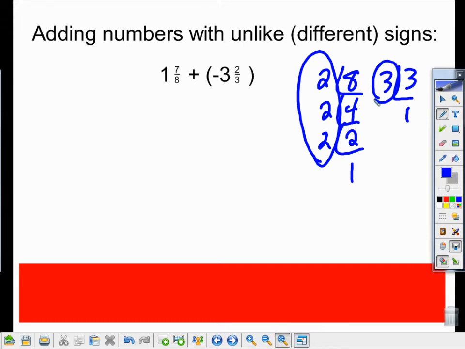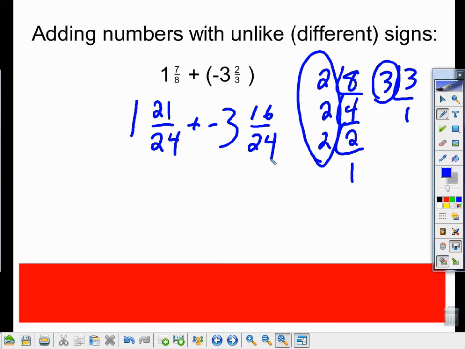In other words, 2 times 2 times 2, which is 8, times 3, which is 24. 8 needs to be multiplied by 3, so 7 needs to be multiplied by 3, so therefore that's 21 24ths, plus negative 3 2/3. The 2/3 needs to be multiplied by 8, so it's going to be 16 24ths.